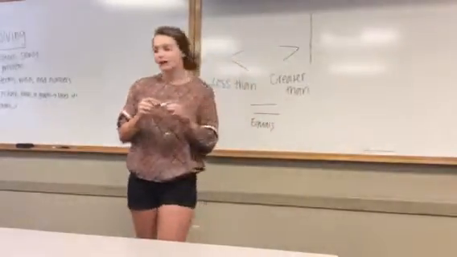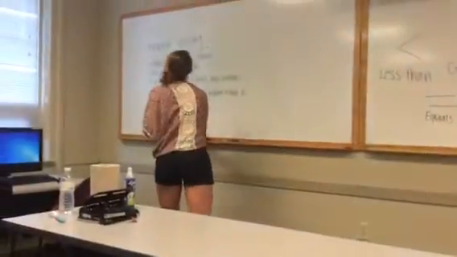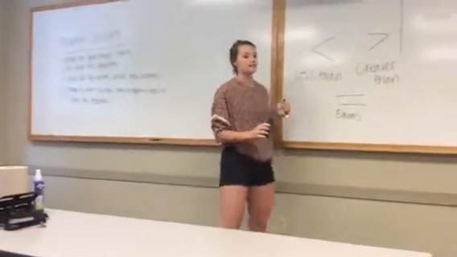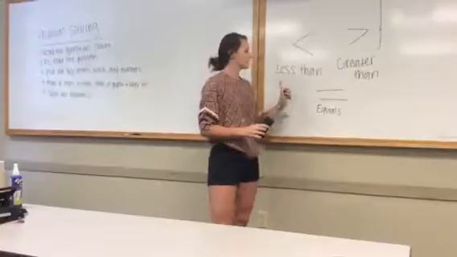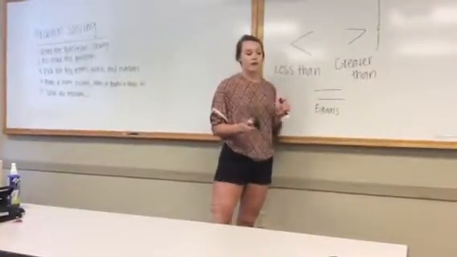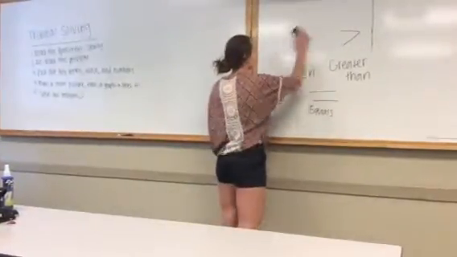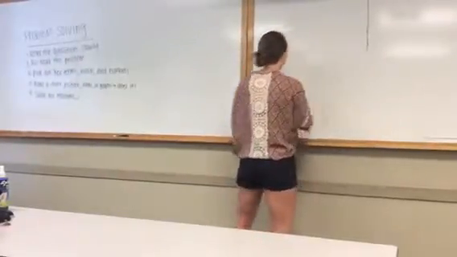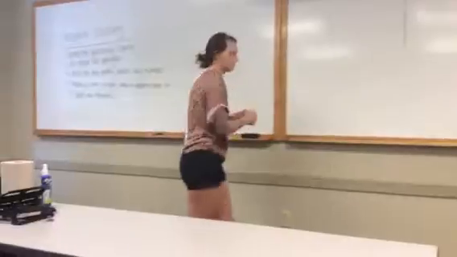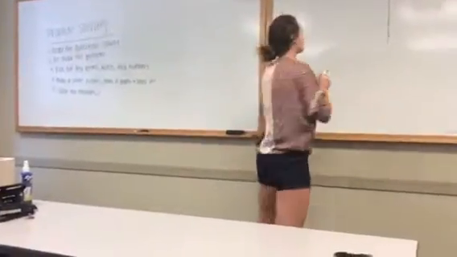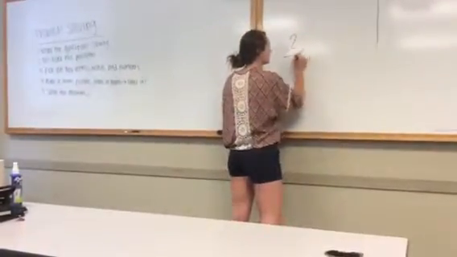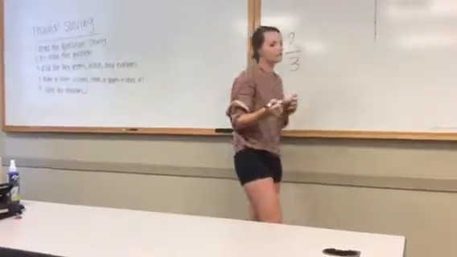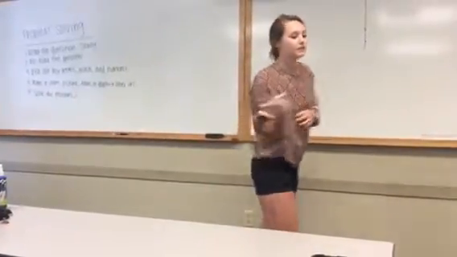Okay, so now keep these symbols in mind and we're going to practice figuring out which fraction is bigger than another one. We've already practiced this before, so we're going to review it. Okay, so let's do 2/3 and 3/8.